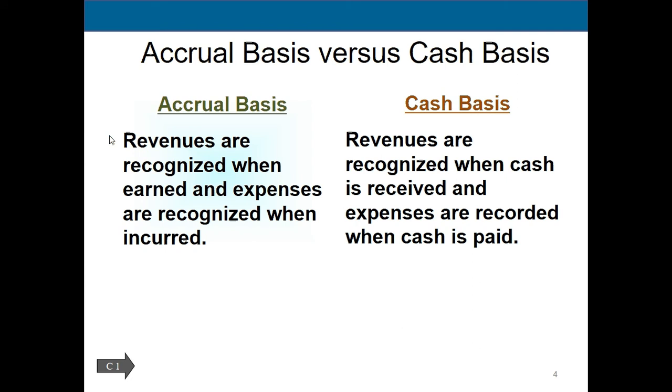When you think about this, you typically say you have income when money comes into your checking account. That's when you think you have increased your income, when you actually put that money in the account or you put cash in your pocket. That's the cash basis of accounting. You're recognizing revenue when you get the money, and you also recognize expenses when you spend the money.